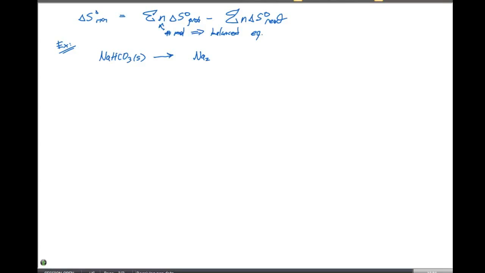Its reaction gives products of Na2CO3 as a solid plus H2O as a liquid plus CO2 as a gas. And when this particular reaction proceeds, it's going to bubble, which gives evidence that that CO2 gas is released. If we want to balance this particular equation, we need to put a coefficient of 2 in front of the NaHCO3.